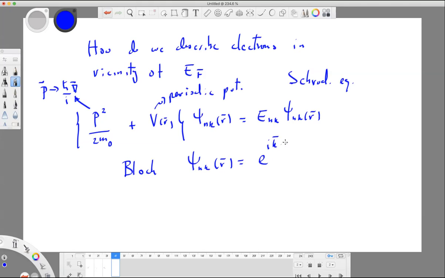So this is the plane wave, but then it's multiplied by a periodic function which depends on the position. So this is going to be periodic in the lattice potential.